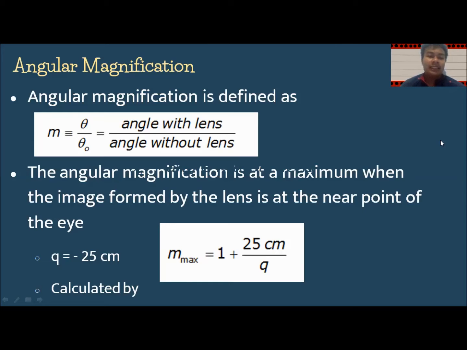And second, the angular magnification is at a maximum when the image formed by the lens is at the near point of the eye, q = -25 centimeters. So it is calculated by M maximum = 1 + 25 centimeters/q.